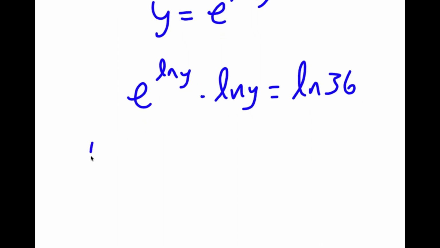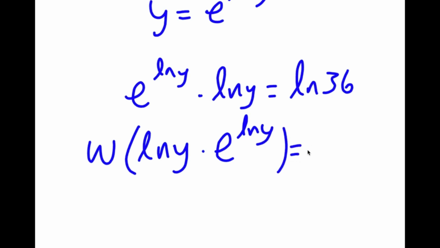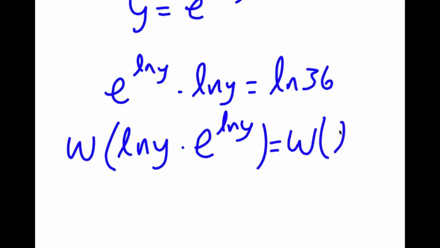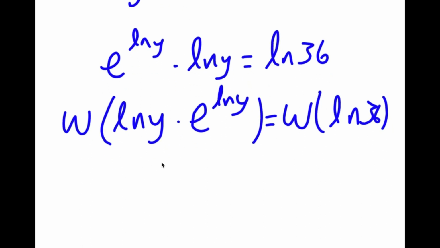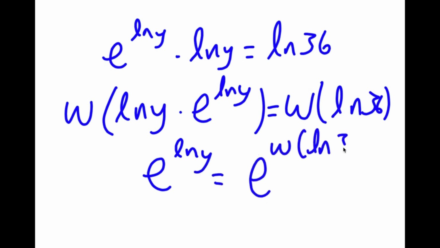Now I'm going to take the Lambert W function on both sides. So I have W of ln y times e to the power of ln y is equal to W of ln 36. And this results in e to the power of ln y equaling e to the power of W of ln 36.